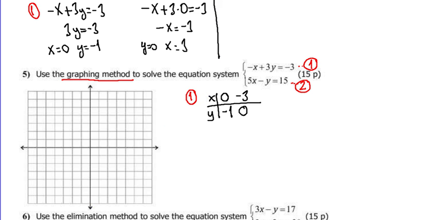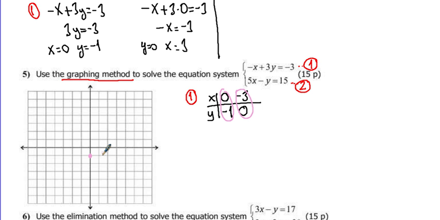And I will make the same table for the second equation, but before that I show this on my coordinate plane. We have 0, minus 1 and 3, 0. These are my points, first point and second point. So 0, minus 1, it is x is 0, y is minus 1. Here it is.